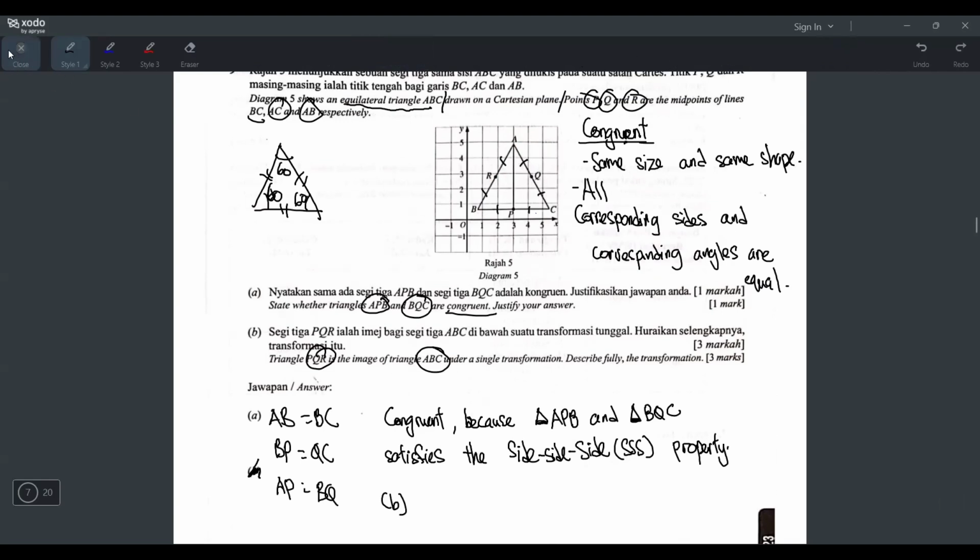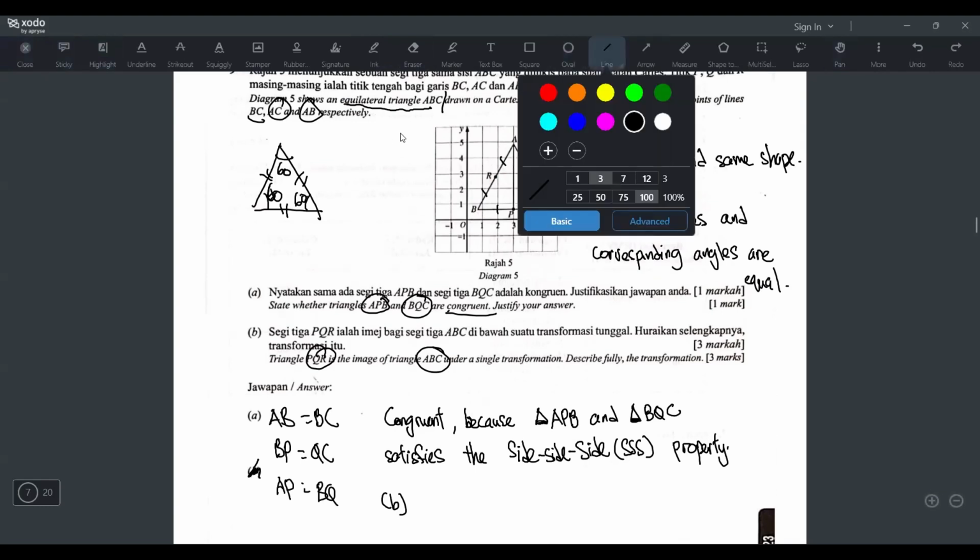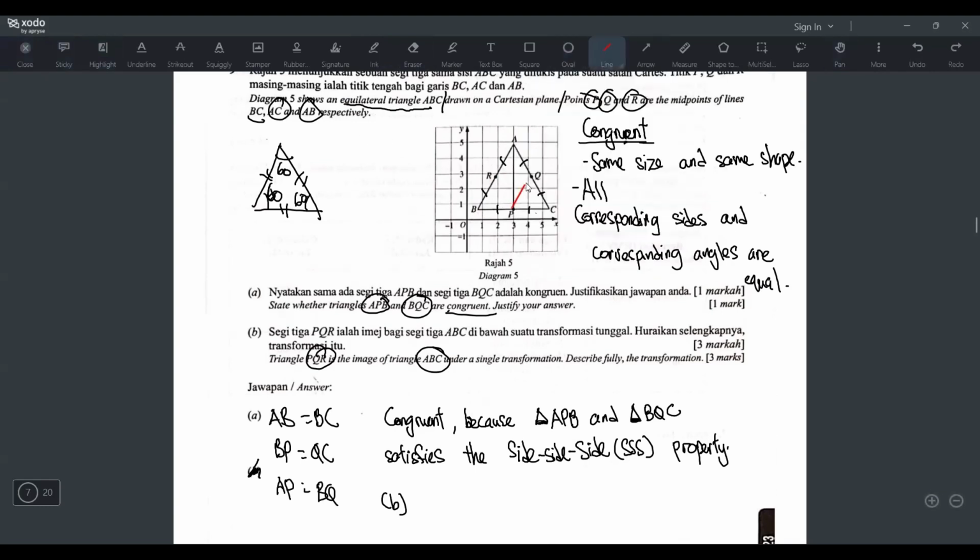Let's draw it out. PQR is this one, P to Q, Q to R, R back to P. And they say this one is the image, and ABC is the object. So the object is the big one.